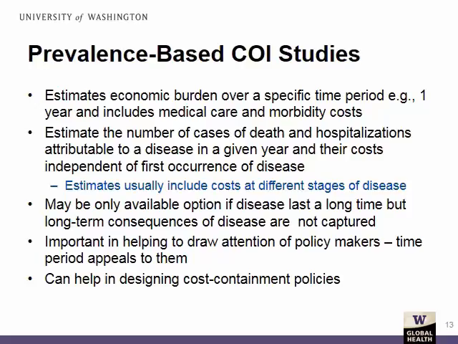The other way to look at cost of illness studies is through the prism of prevalence-based and incidence-based methods. Prevalence-based methods measure the economic cost burden over a specific time period.